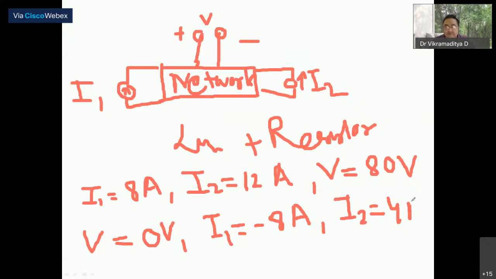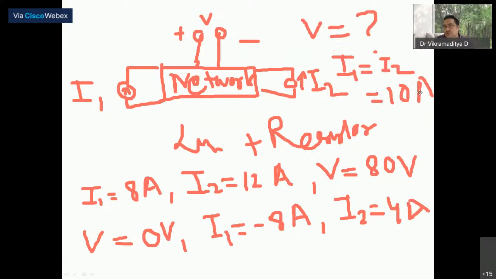You have been asked what is the value of V when I1 is equal to I2, which is 10 ampere. So mind it. Let us start how to solve it.